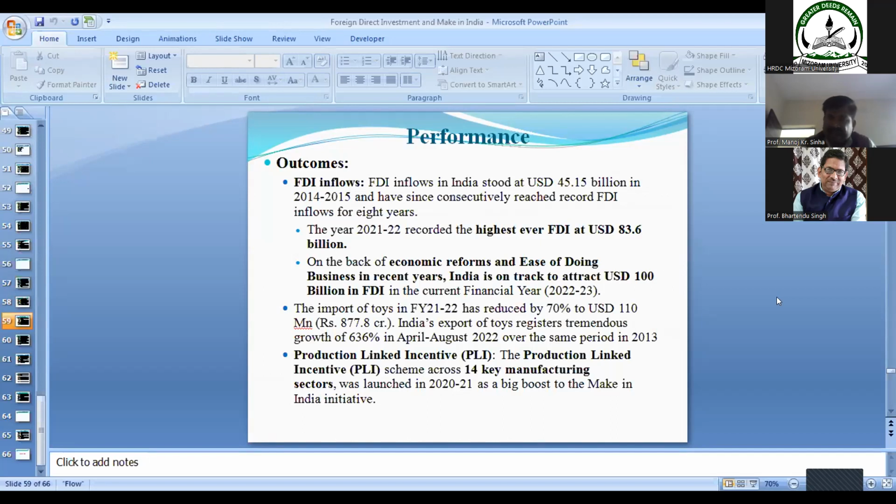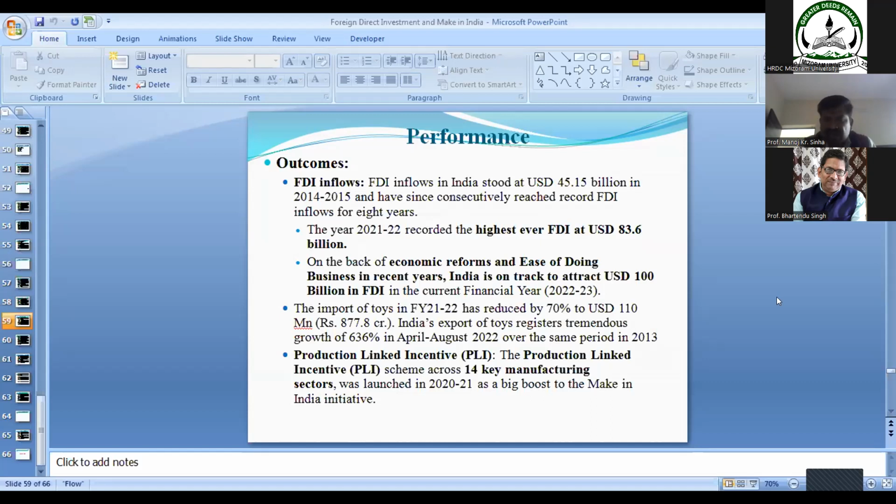And we are expecting FDI inflow during the financial year 2022-23 of around $100 billion. FDI inflow has almost doubled in India since the launch of the Make in India policy.